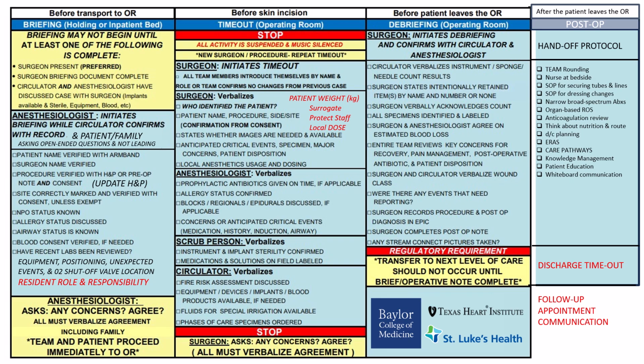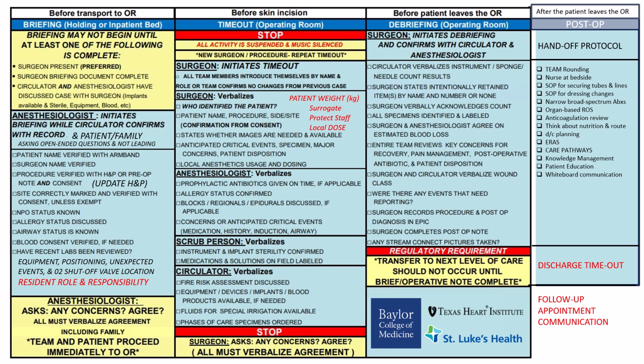We discuss the procedure to be performed, the site, the positioning, any known issues, NPO status, allergies, airway, intubation protocol, whether it's a single lumen tube or a double lumen tube, whether or not blood consent was verified, and whether or not blood has been acquired or brought into the room, and what our strategy will be for anticoagulation, or what our strategy will be for antibiotic therapy.